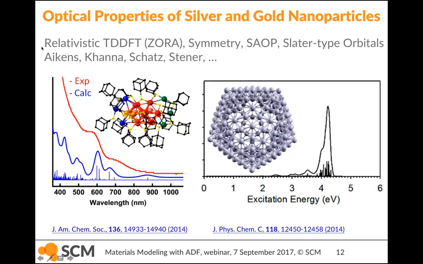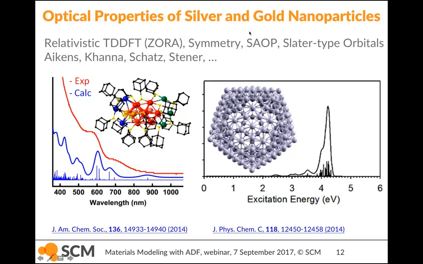Then there's also a good way of dealing with relativistic effects, the ZORA Hamiltonian, zero order regular approximation. If you don't have very strong explicit spin-orbit effects, you can use a scalar relativistic approach, which is just as cheap as the normal non-relativistic approach, but very accurate and efficient for these types of systems.